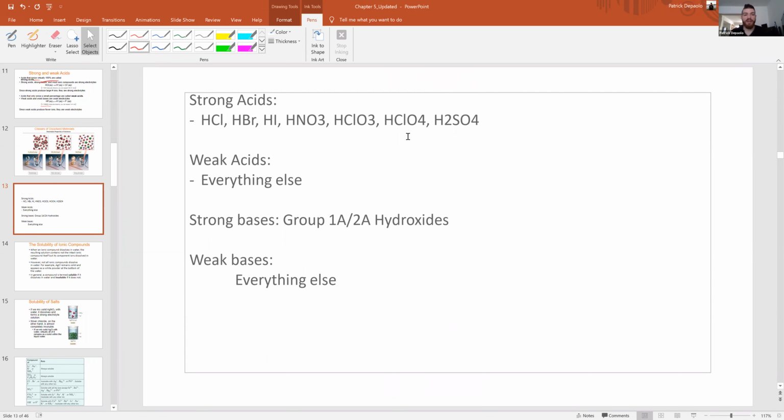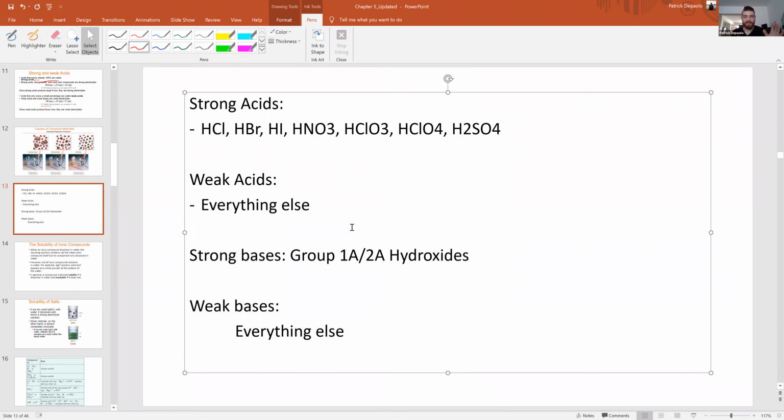Here's all acids and bases summarized into one slide, very easy to remember. The strong acids, here's how you memorize it: Hickel, Hibber, High, Hino, Hiklo, Hiso. What? That's crazy, right? But I'll say it again.